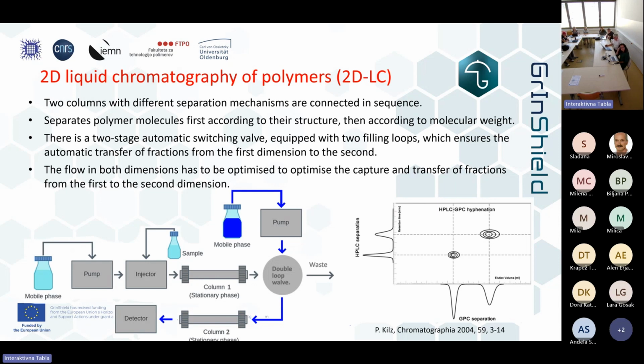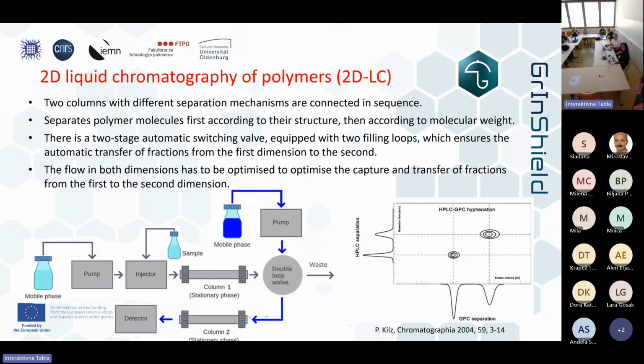We have a pump and an injector, we inject, and the sample goes through the first column and then comes into this double loop valve. It takes some sample into the first loop, turns around a little bit, takes another into the second loop, and leaves the first one to the second column, which has a different mechanism.